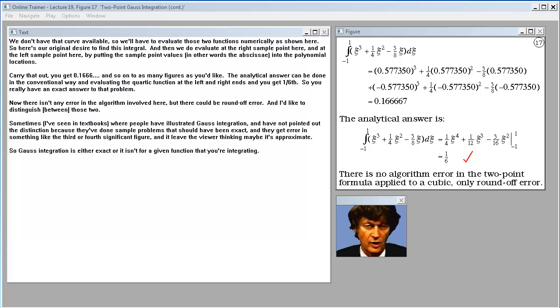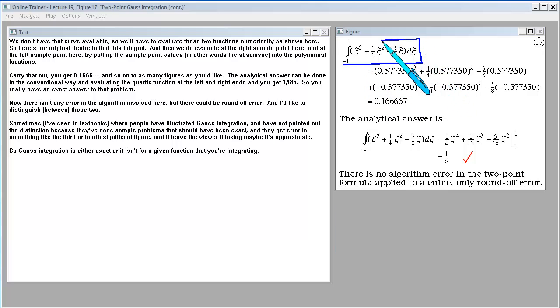We don't have that curve available, so we'll have to evaluate those two functions numerically as shown here. So here's our original desire to find this integral. And then we do evaluate at the right sample point here and at the left sample point here by putting the sample point value, in other words the abscissa, into the polynomial locations.